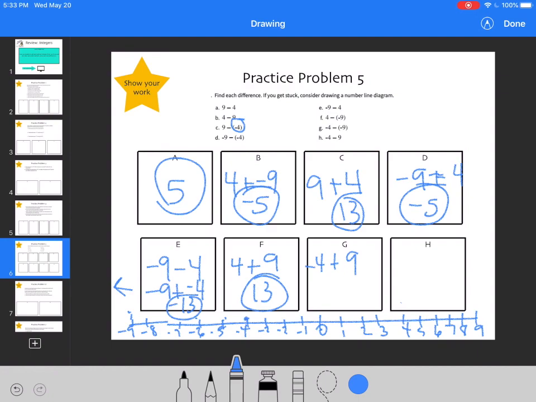So I'm at -4 and I'm adding 9. So 1, 2, 3, 4, 5, 6, 7, 8, 9. So that's +5. Then H would be -4 plus -9. So again, I would be at -4 and I'm going 9. So 1, 2, 3, 4, 5, 6, 7, 8, 9, 10, 11, 12, 13. So -13.